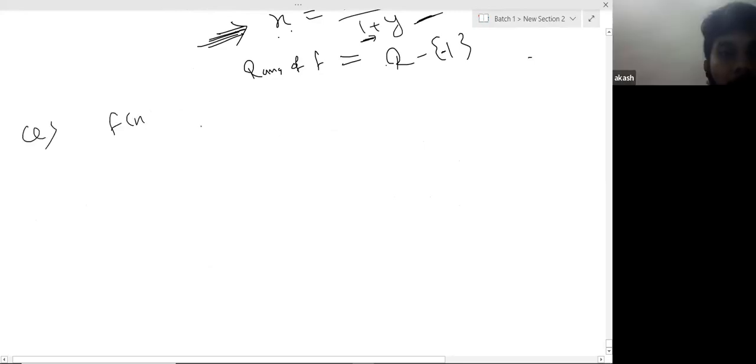F of x equals to 1 upon 2x. Domain and range, both. Try to find domain and range.